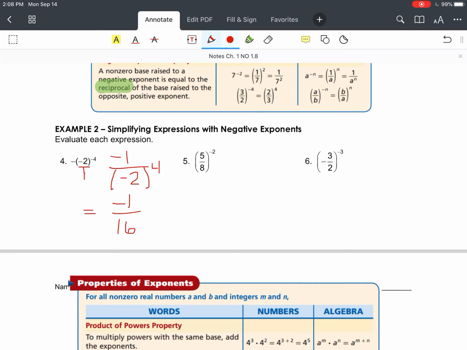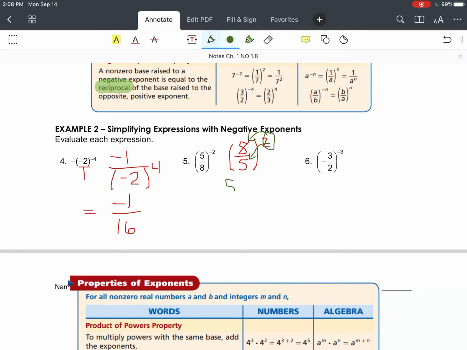So your final answer is going to be negative 1 over positive 16. For number 5, my whole fraction 5/8 is being raised to the negative 2 power. So again, I have to flip my fraction, make it 8 over 5 to the positive 2nd power. So I did the reciprocal. Now we have to, and this is going to come up in a minute, distribute this exponent to both the top and the bottom part of my fraction.